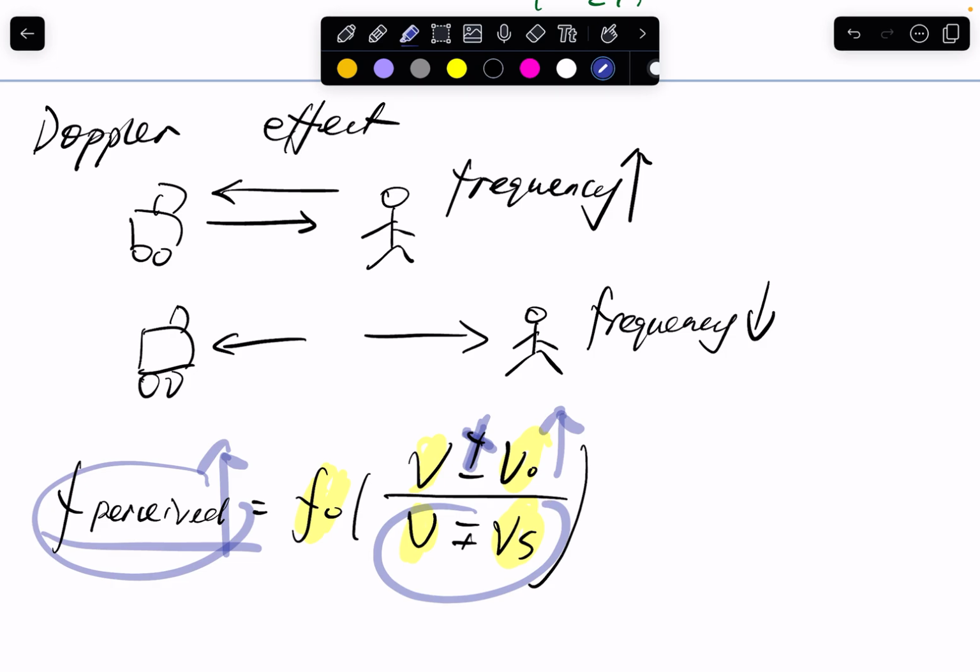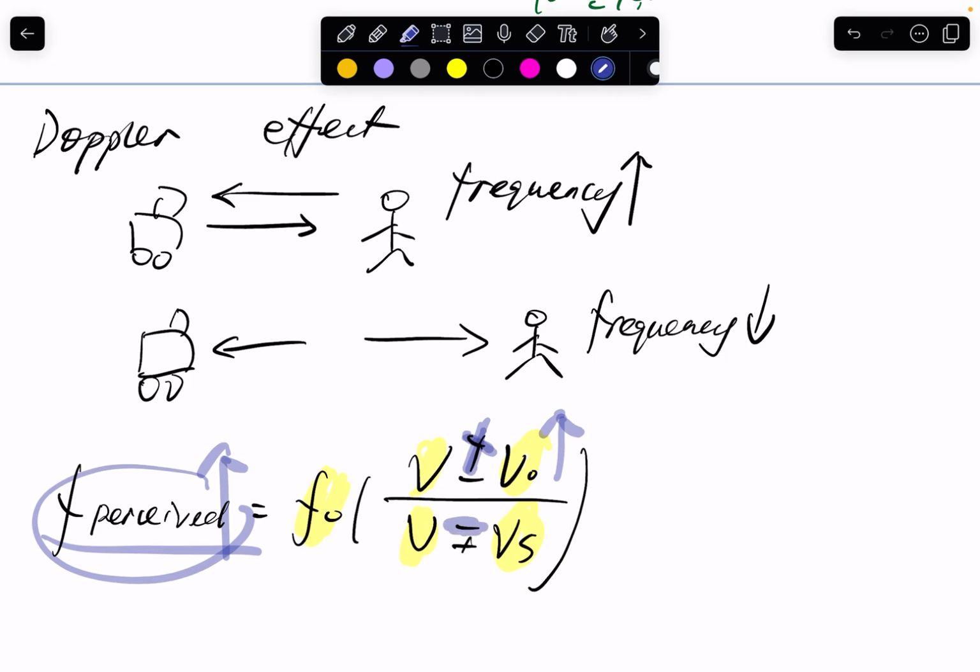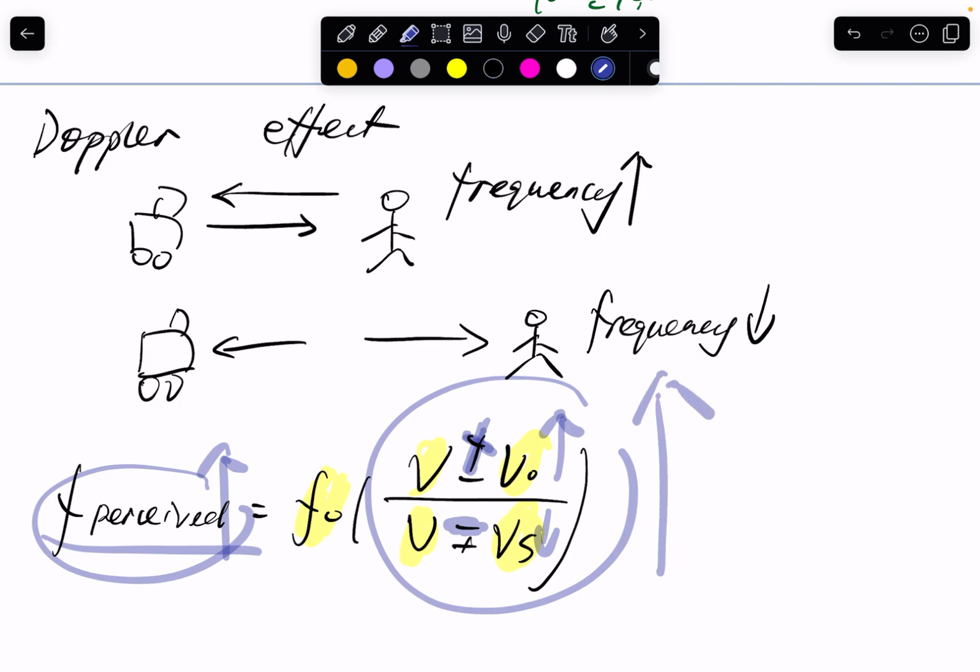And on the opposite side, in the denominator, you want to subtract VS from V to make the denominator smaller, so the whole thing can be larger. That's the case when we get closer to the sound: the perceived frequency, not the real frequency. The original frequency is the one that will be provided to you.